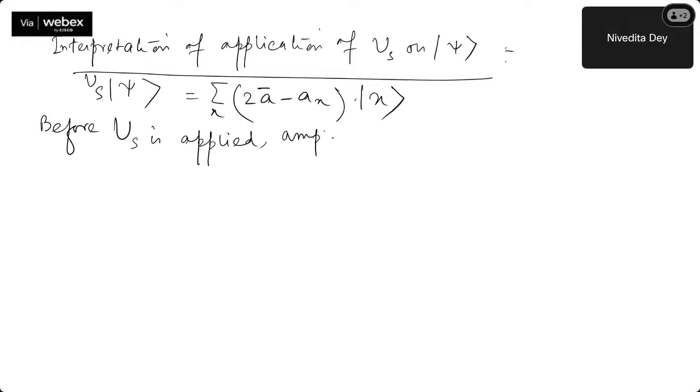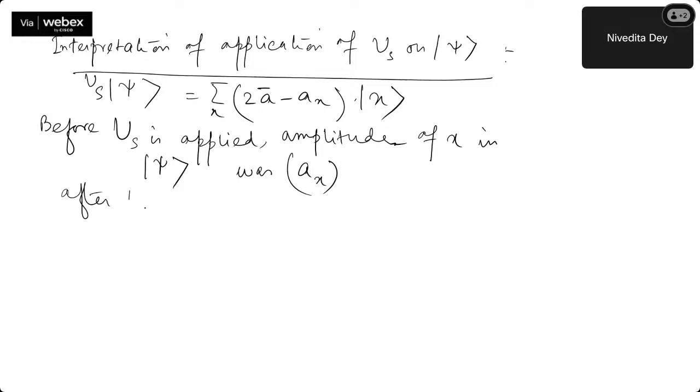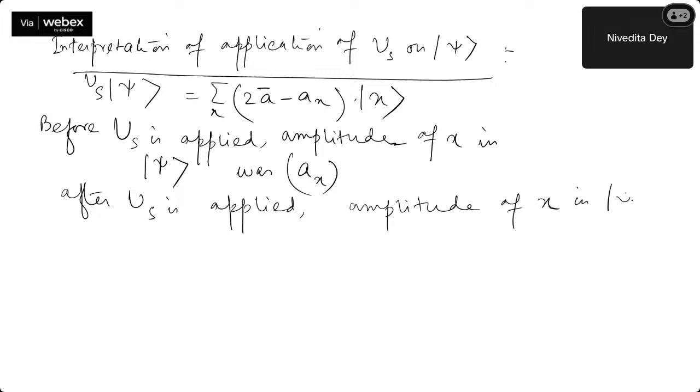amplitude, what was your amplitude? Amplitude of x in ket psi, this was ax. Okay, and after your US is applied, amplitude of x in psi is 2a bar minus ax.